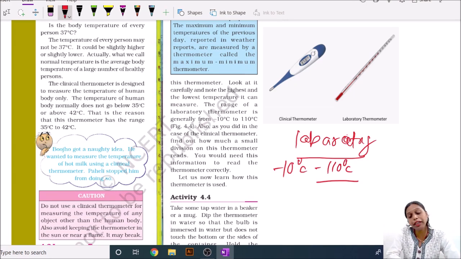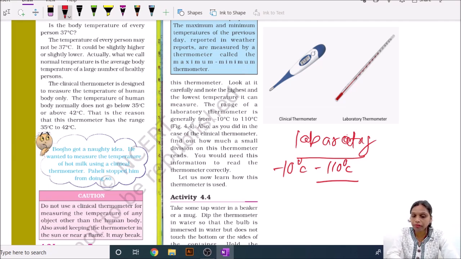Another type of thermometer we use in our day-to-day life for measuring weather is the maximum minimum thermometer. It is also an example of a temperature measuring device.